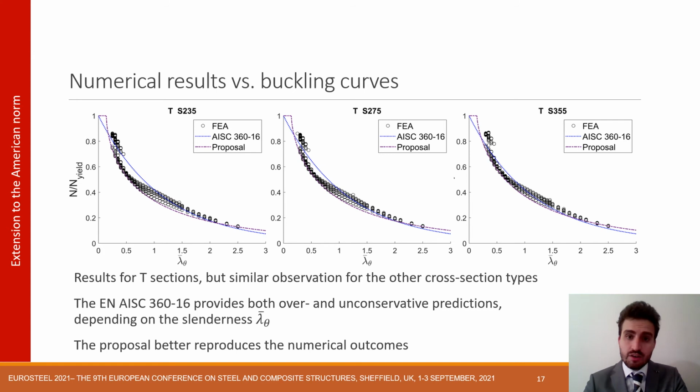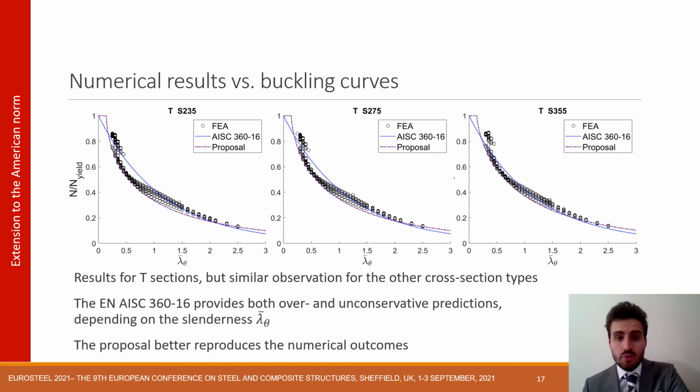Predictions from the buckling curves obtained with the original and the new formulation are shown again for T sections, obtained by coupling equal leg angles. Though more accurate predictions than the Eurocode are obtained, the American norm still provides both over and unconservative predictions, and this again depends on the slenderness.